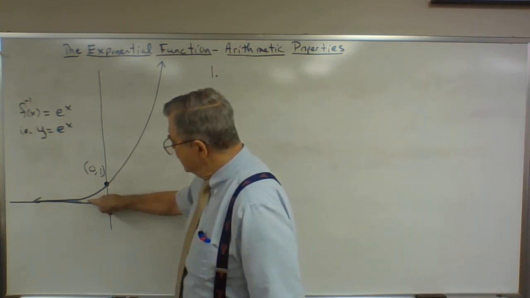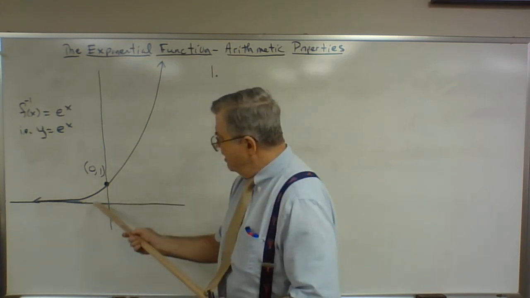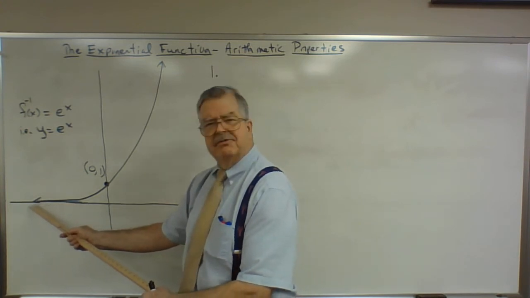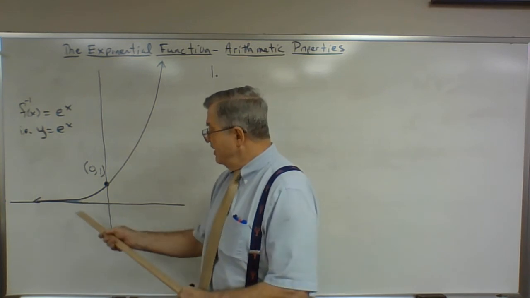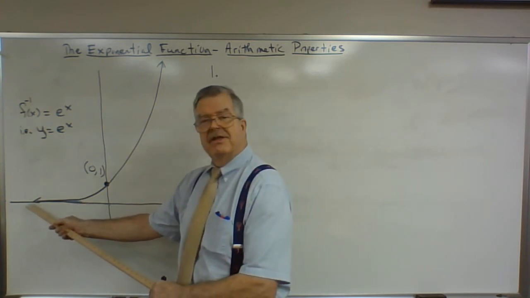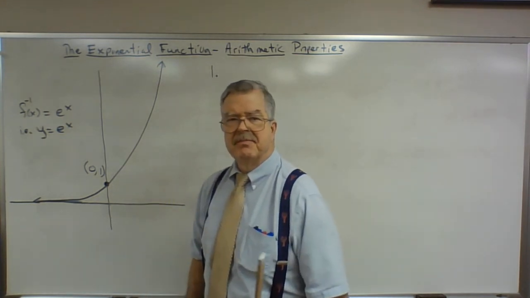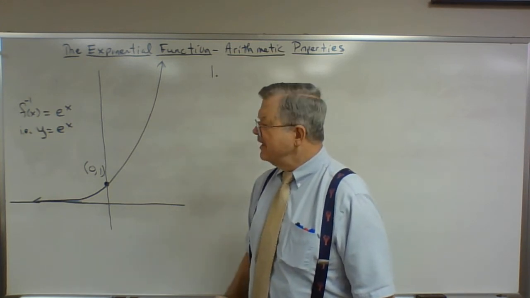Notice that over here to the left of the y-axis, the graph gets closer and closer and closer to the x-axis, but it never actually gets there. This graph never touches the x-axis. And what is the x-axis?